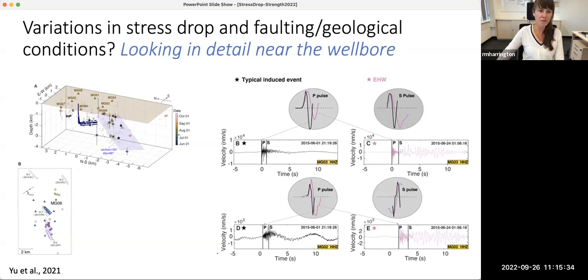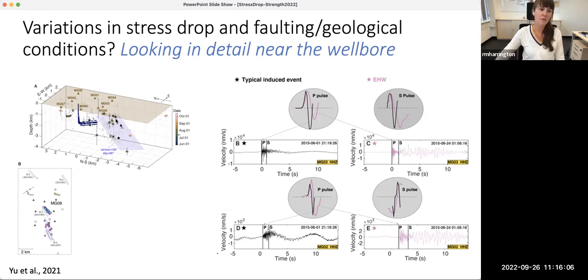But the first line of evidence that convinced us this is actually a difference in the types of sources is that if you compare their initial P pulse, the typical event has a narrower pulse, and the width of that pulse is proportional to the duration of the event. You can look at the S pulses too, and see the same effect: the pulse width is wider for the EHWs.